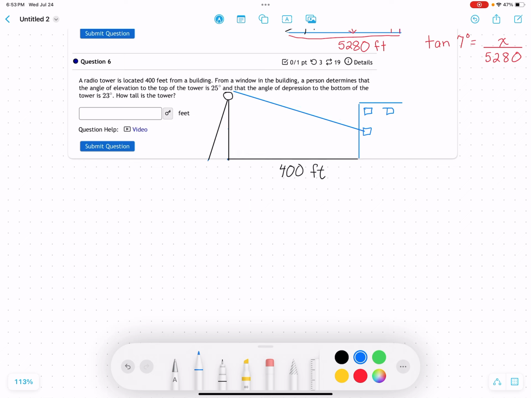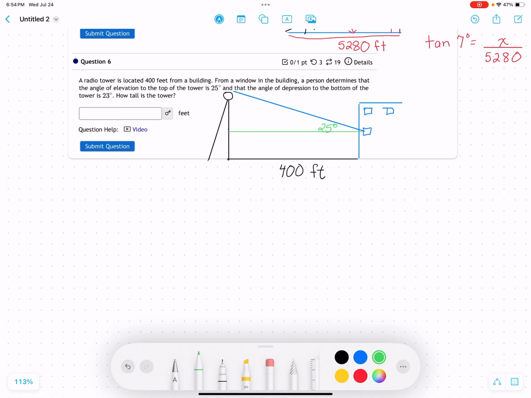It says, from a window in the building, a person determines that the angle of elevation to the top of the tower is 25 degrees. Now keep in mind that an angle of elevation goes from a straight distance. So that means that this angle is 25 degrees to the top of the tower.